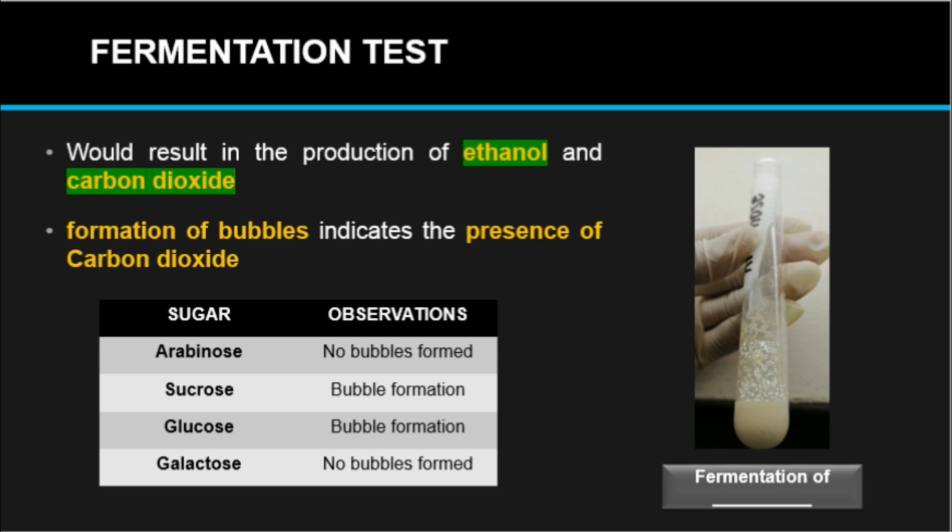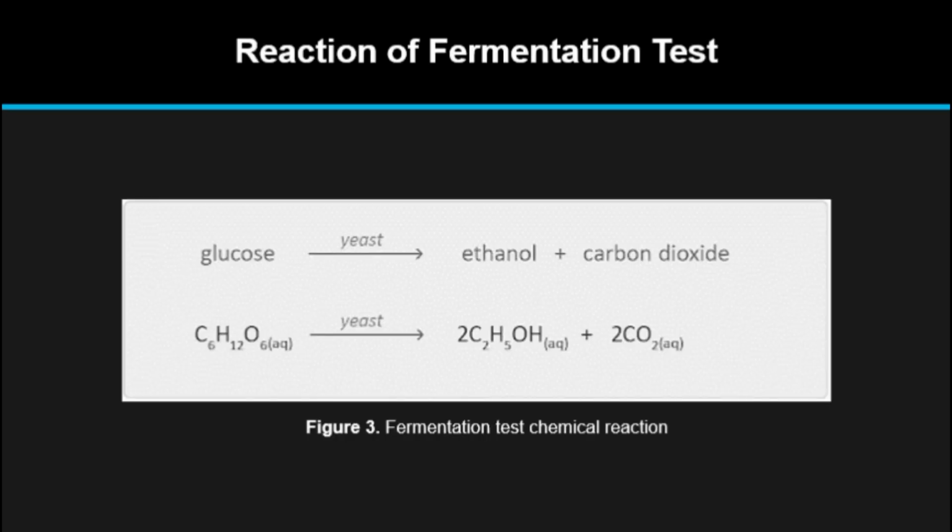So it needs 3 enzymes for it to be broken down. This is the reaction for the fermentation test: glucose and yeast produce ethanol and carbon dioxide, shown in bubbles.